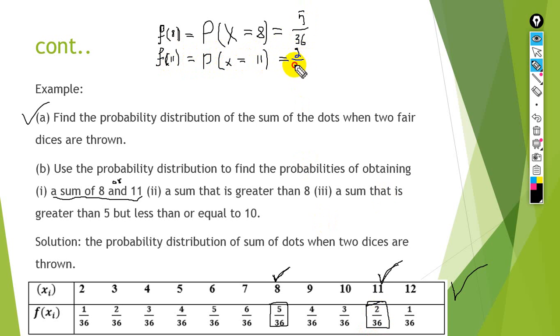So we can say the probability of 8 or 11 will be equal to the probability of X equal to 8 plus the probability of capital X equal to 11.